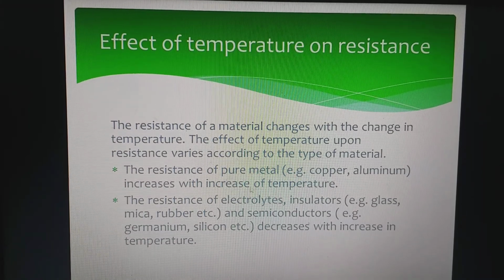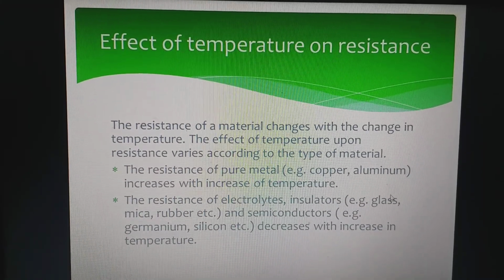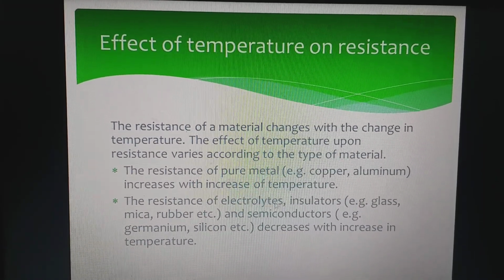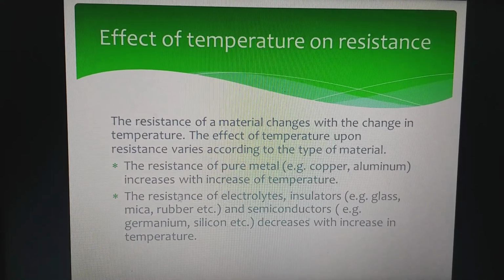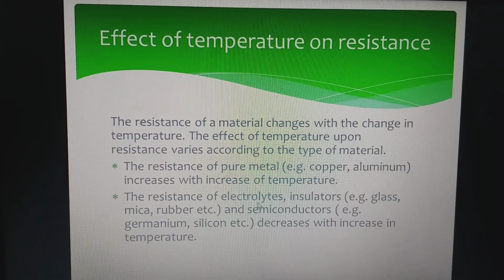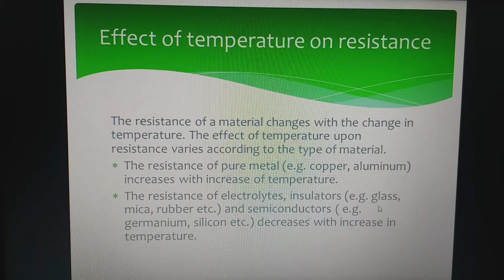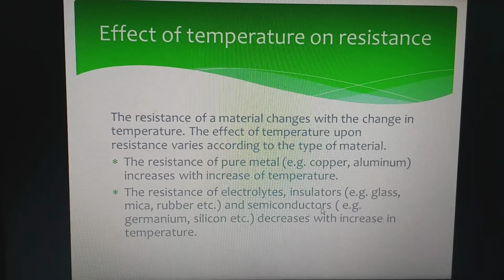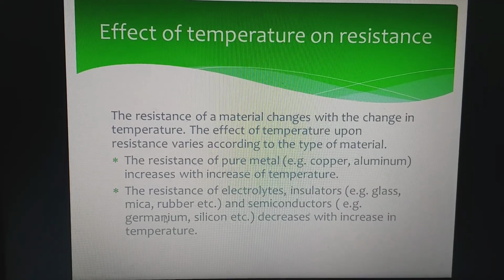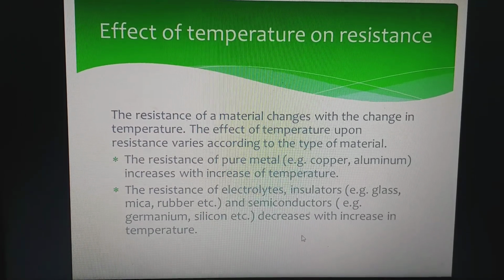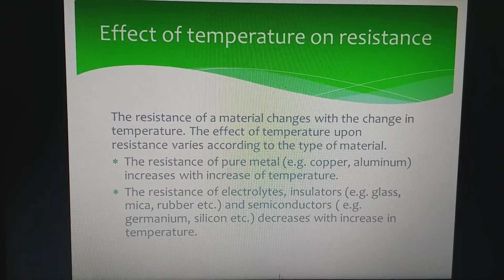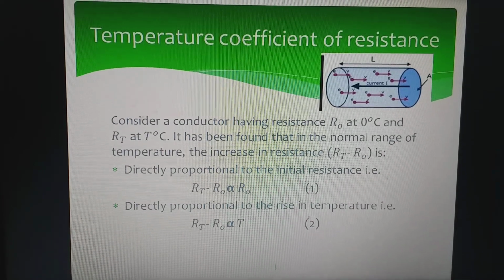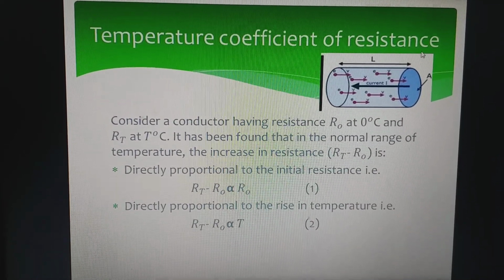The resistance of pure metals, for example copper, aluminum, increases with the increase of temperature. The resistance of electrolytes, insulators, for example glass, mica, rubber, etc., and semiconductors, for example germanium, silicon, etc., decreases with increase in temperature.